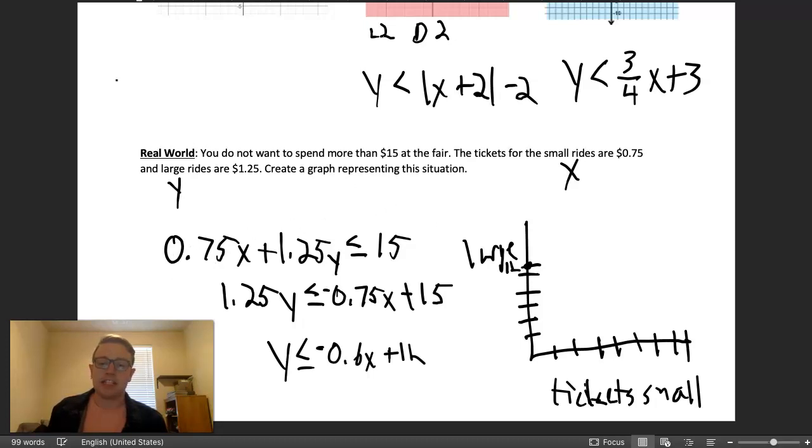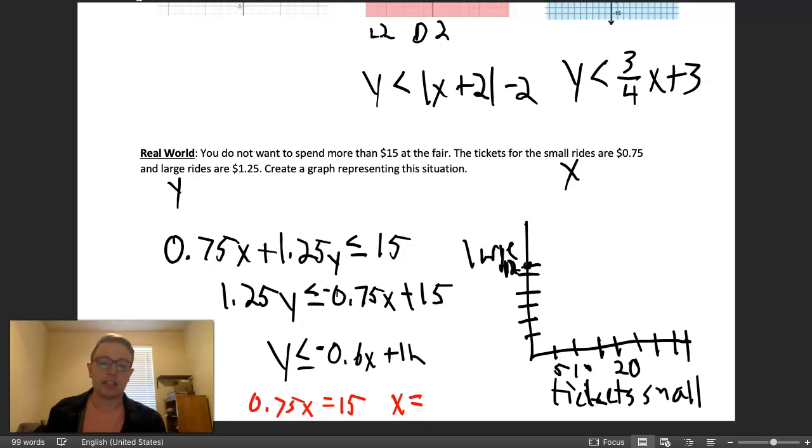So for finding the intercept, this would have to be 0.75x is equal to 15. Or our x-intercept will be 15 divided by 0.75, which is 20. So we can get up to 12 large tickets, or up to, we'll go 5, 10, 15, 20.